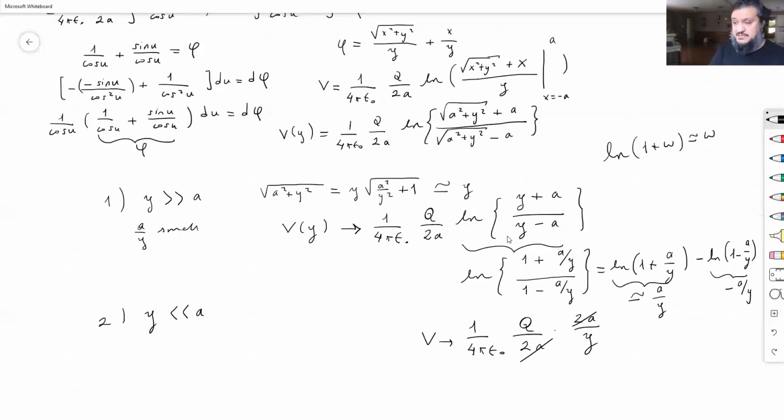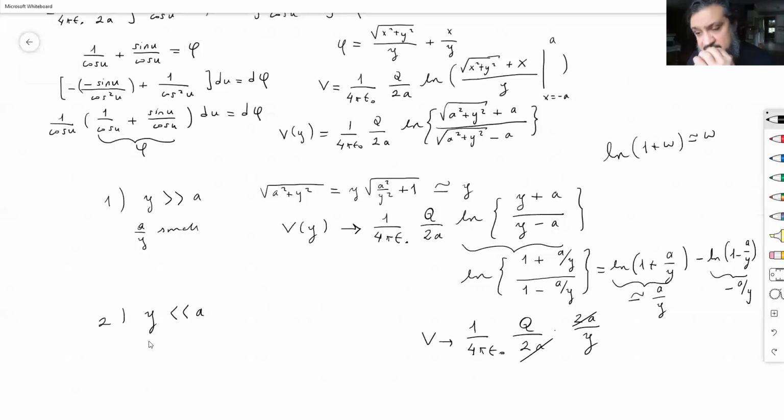The electric potential due to a point charge. Again, recall from the lecture, this expression assumes the potential is 0 at infinity. Actually, this formula dictates that 1 over y goes to 0 anyways.